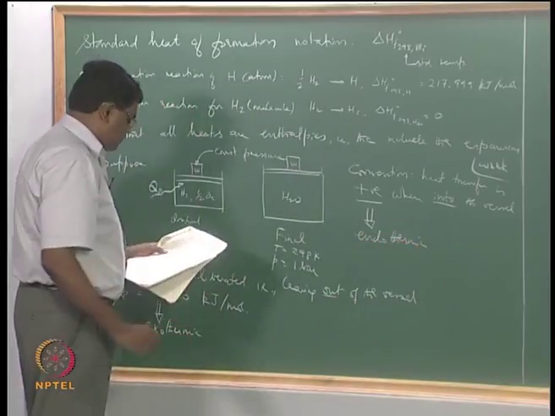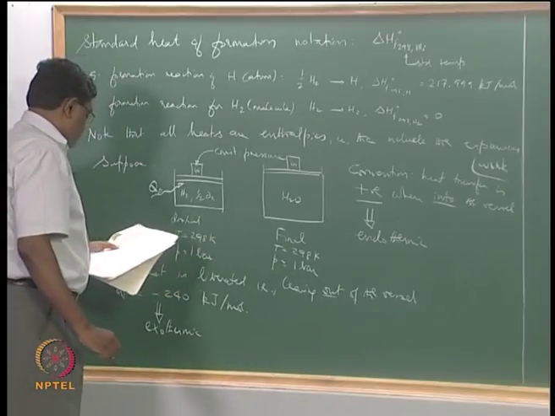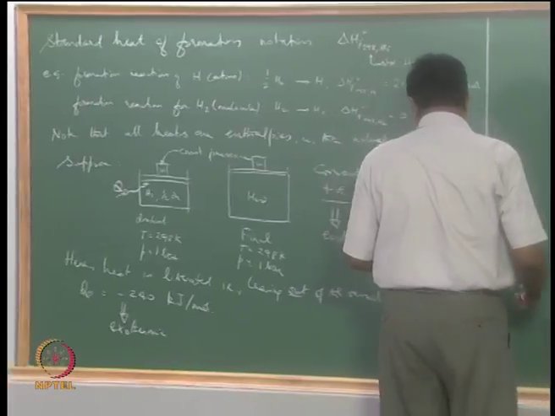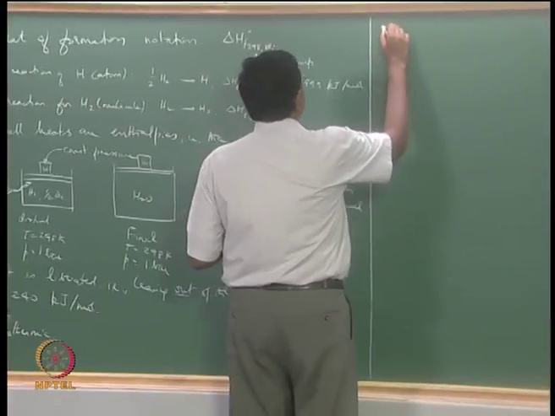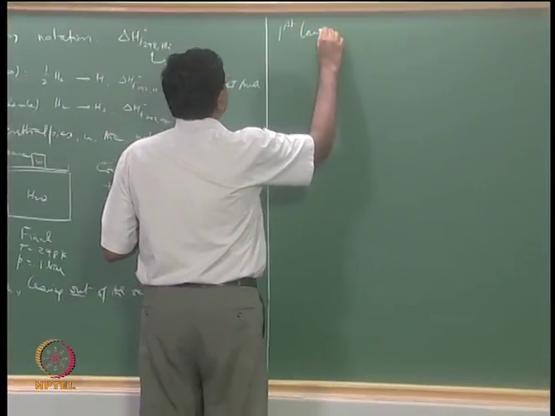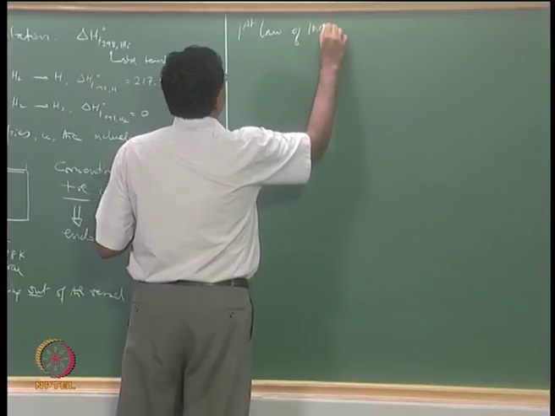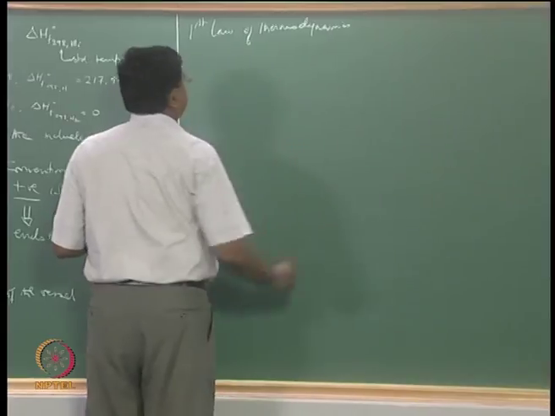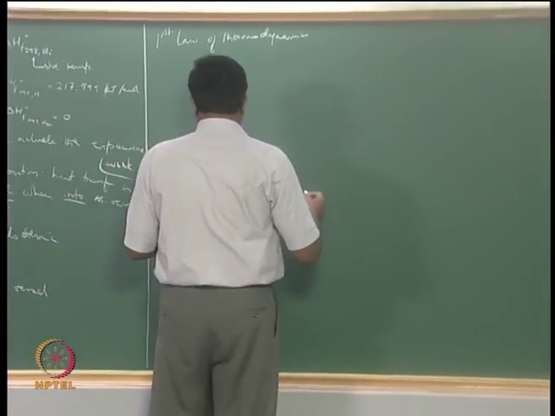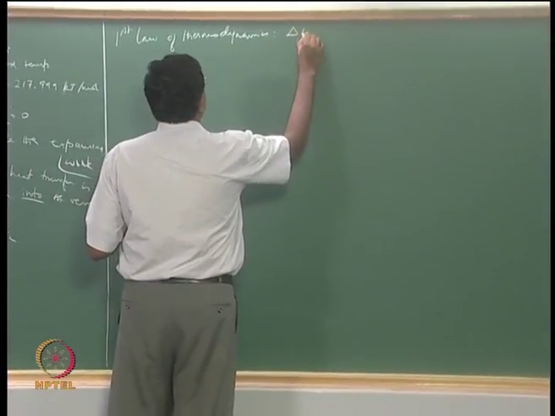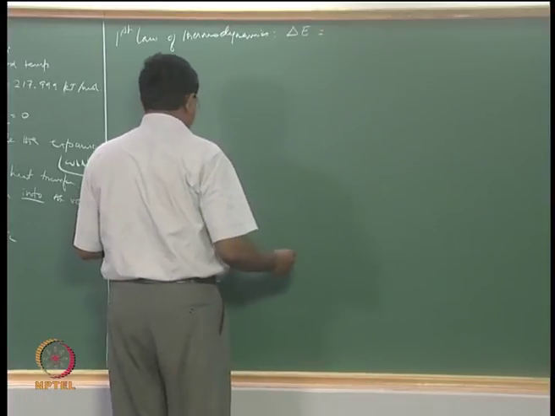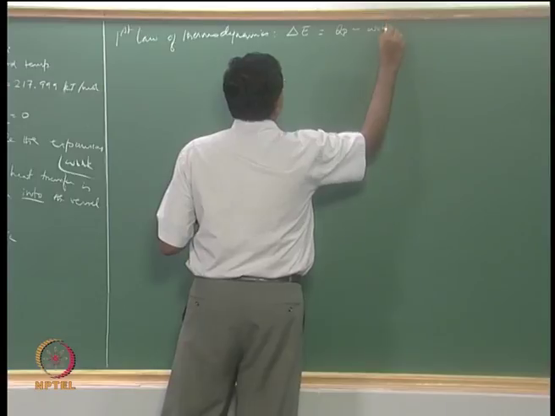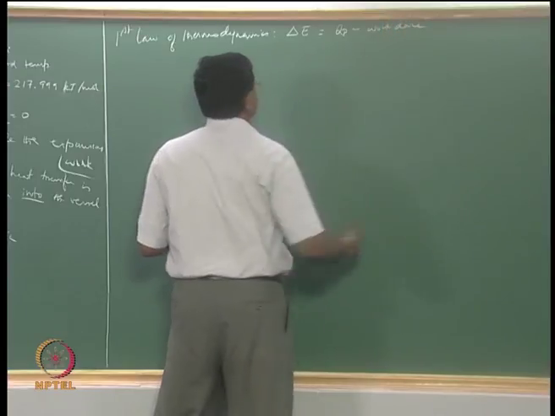And so what's happening here is the first law of thermodynamics applied to the system means that delta E, which is the internal energy change, is equal to QP minus the work done.